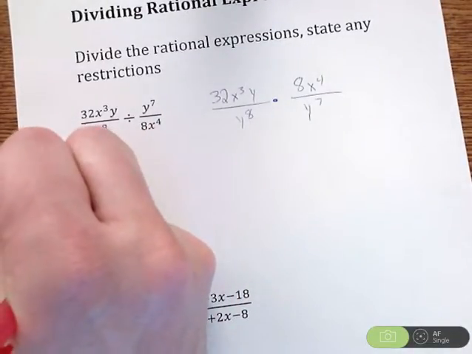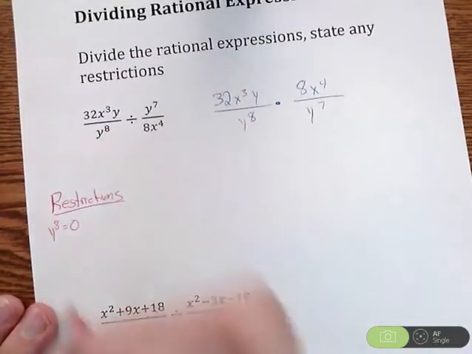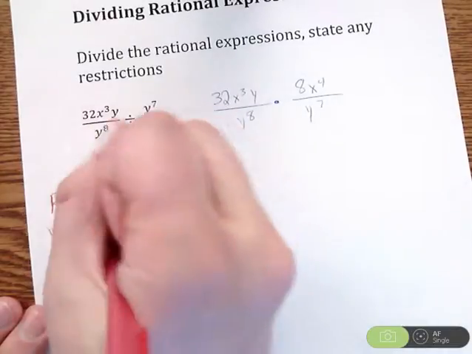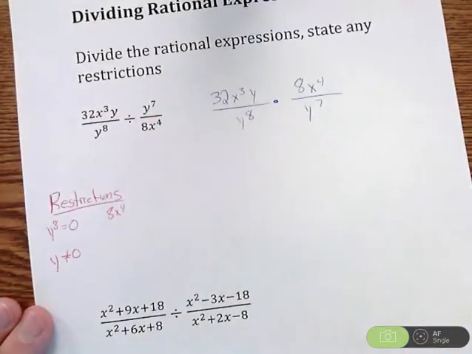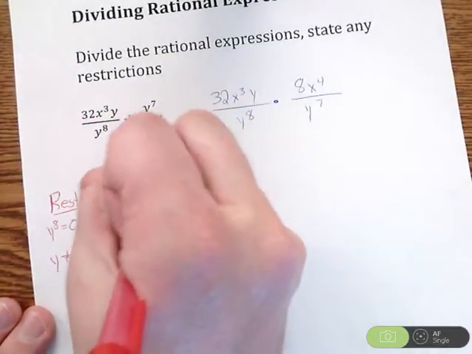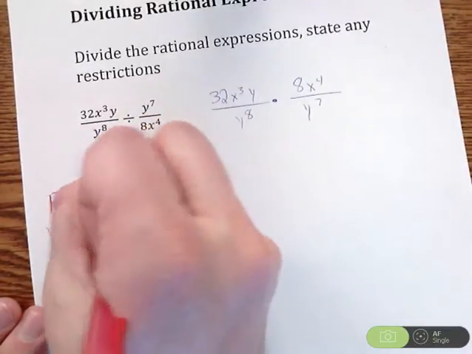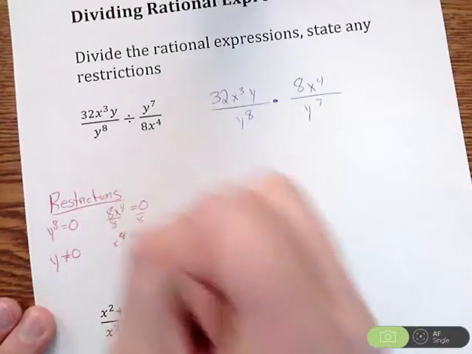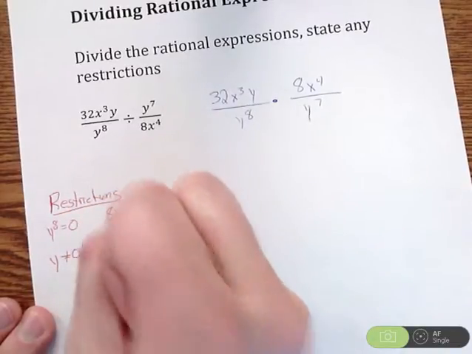If I take y to the eighth equal to 0, we find y cannot be 0. That's one restriction. Then 8x to the fourth: set that equal to 0 and solve. You would divide by 8, divide by 8. x to the fourth is equal to 0, so x cannot be 0.